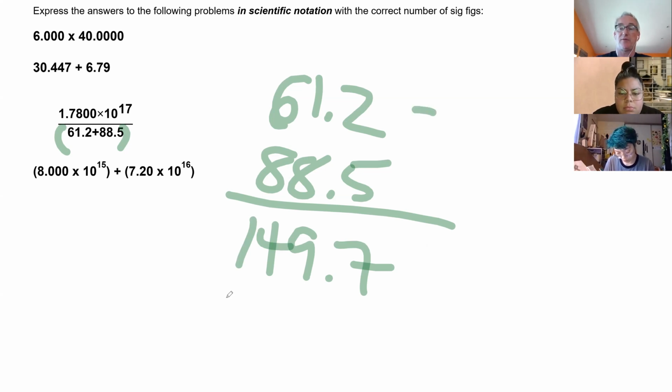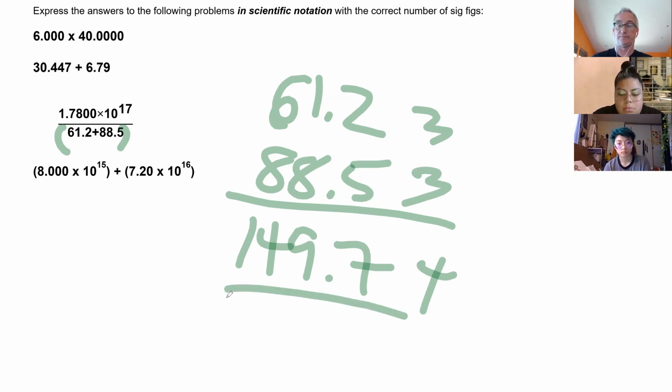So we took something with 3 sig figs and added it to another thing with 3 sig figs and ended up with 4. So now we've got 4. What about on the top? Our number on the top, how many significant digits does that have? 5 sig figs. That's got 5 because if it's included in scientific notation, it's automatically significant.